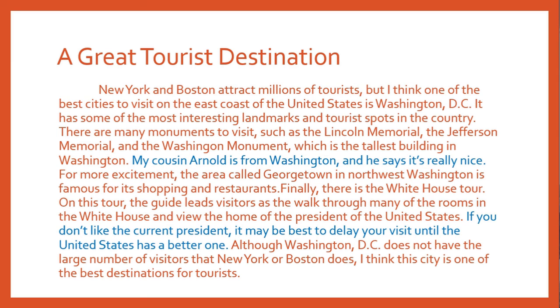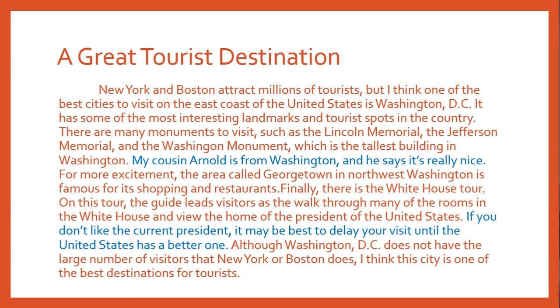This sentence is more about Arnold and his opinion of Washington, but that's not the purpose of the paragraph. The purpose of the paragraph is to provide reasons that Washington, D.C. is one of the best cities to visit on the East Coast, and that's not what this sentence does. Because it doesn't contribute to that goal, it is an unrelated sentence.